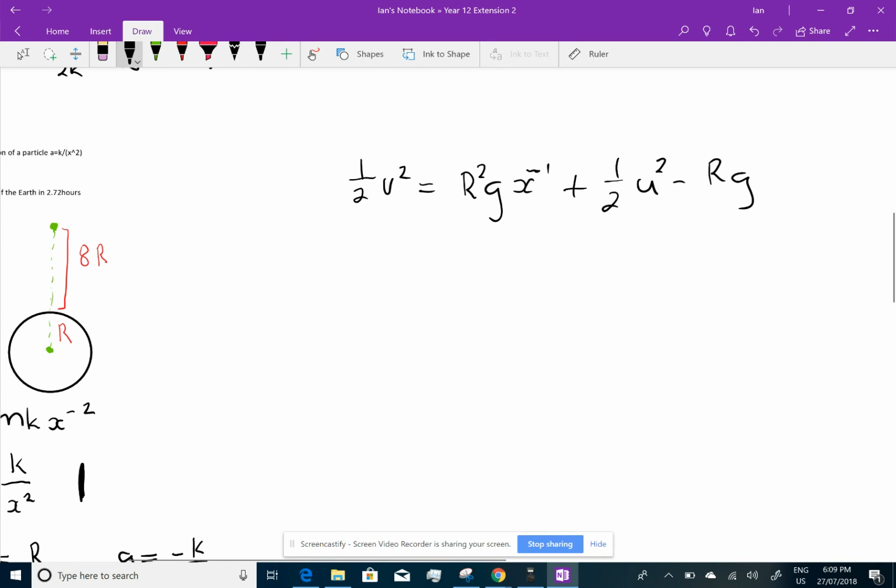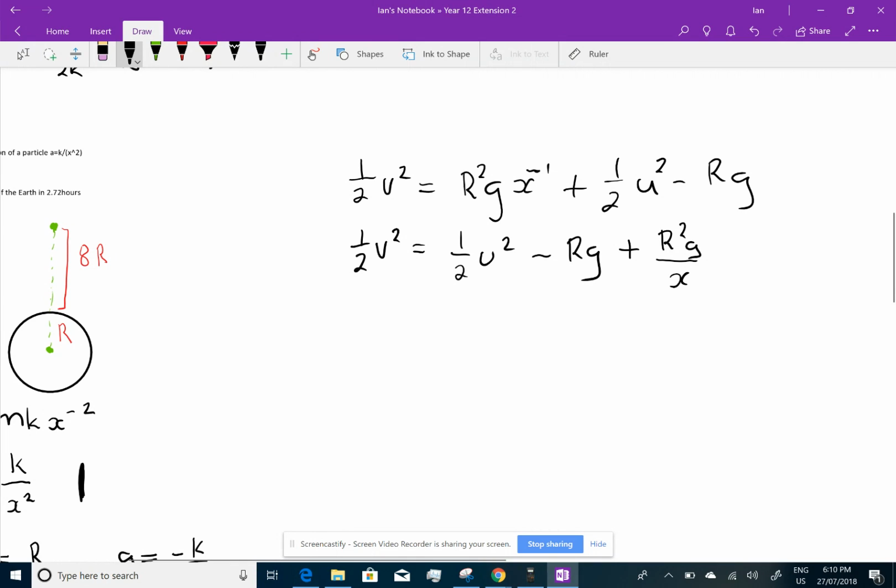Okay. Let's just rewrite that a little bit. Half v squared equals a half u squared minus rg plus r squared g on x. I've just rearranged that a little bit.